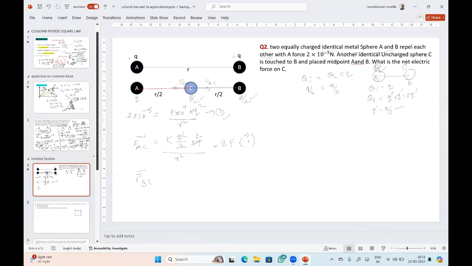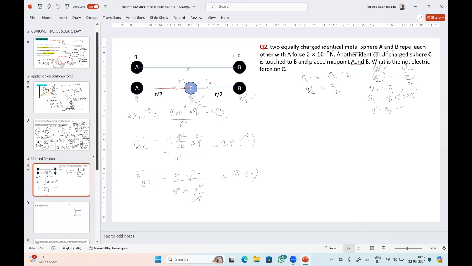FBC is equal to K into Q by 2 into Q by 2, that is Q square by 4, divided by (R by 2) whole square, R square by 4. So the 4s get cancelled. FBC is equal to, again, force F, in the minus I cap direction.